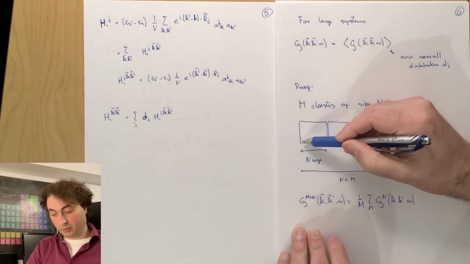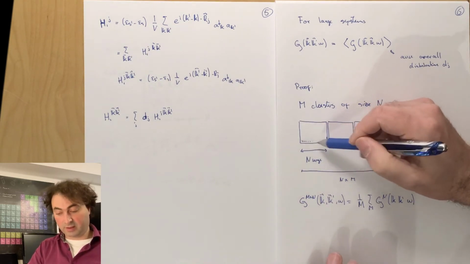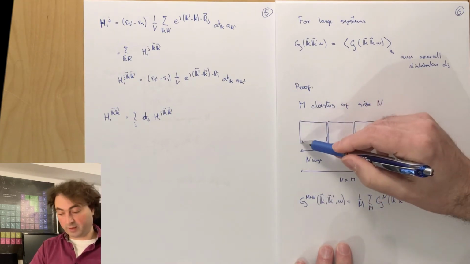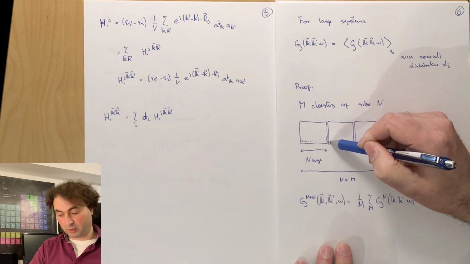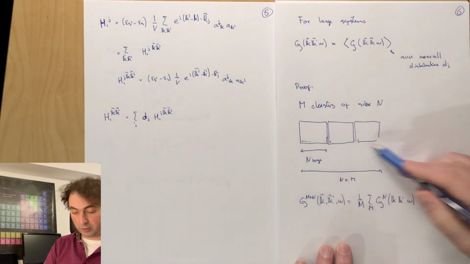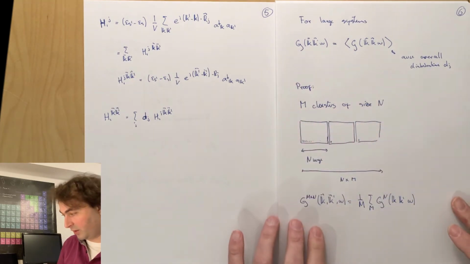Here at gamma you just sum each atom, creating and annihilating with the same phase, and at any other k vector you add a specific phase, but the phase will always be such that you start here again with plus 1, such that the Green's function of the full system is just the sum of the Green's functions of the smaller systems.